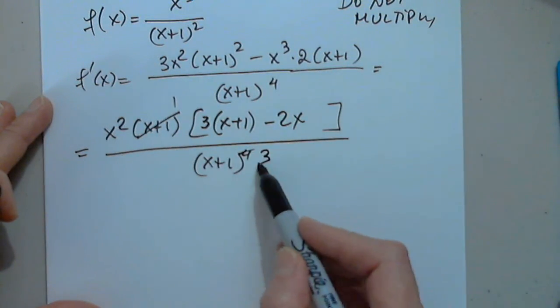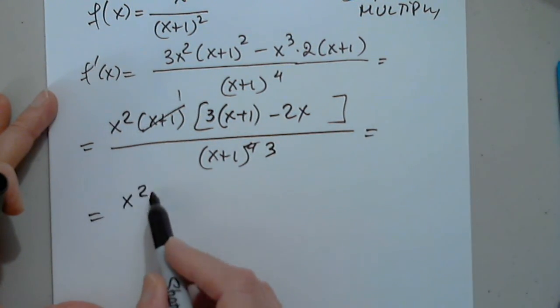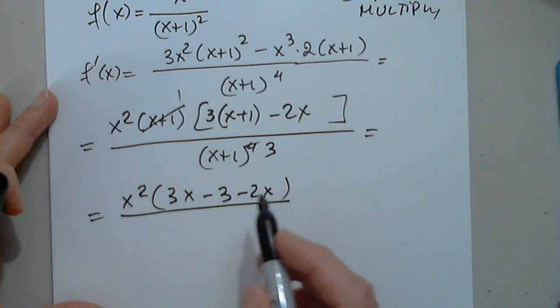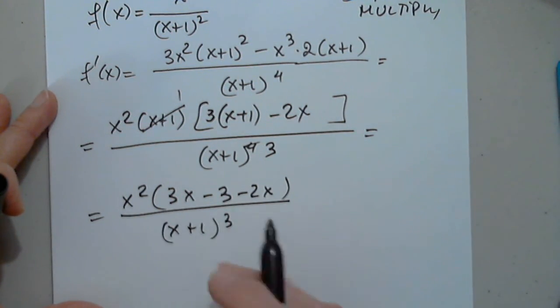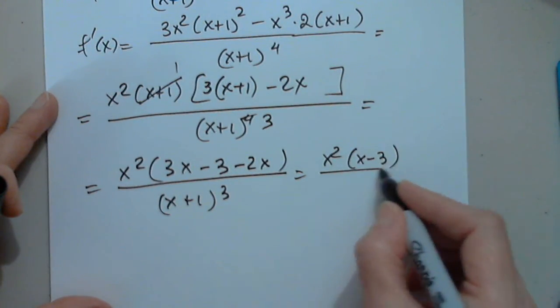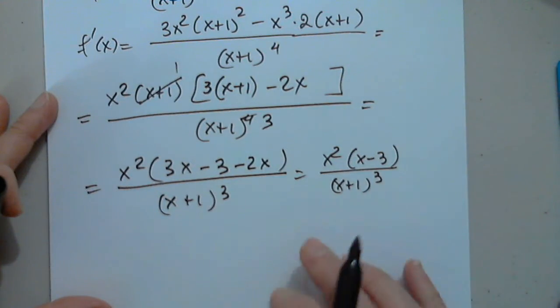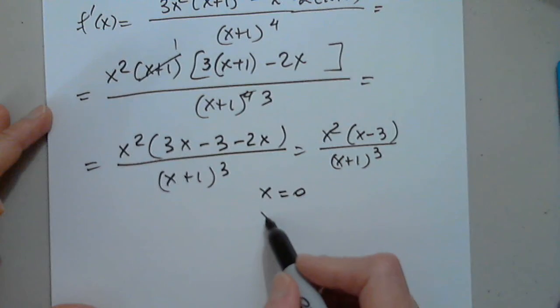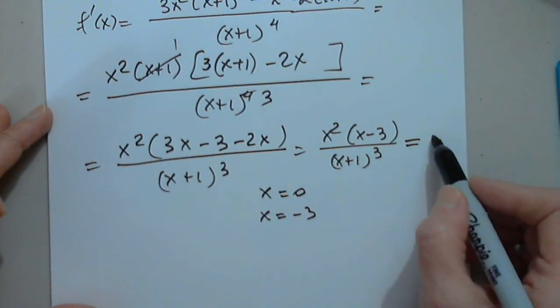This one will go away. x squared, this is 3x plus 3 minus 2x. It cleans up quite nicely. Okay, so this is x squared, x plus 3 over x plus 1 cubed. So there are 3 solutions, but actually x equals 0 and x equals negative 3 when you set this equal to 0.